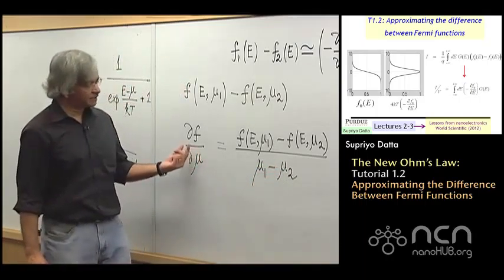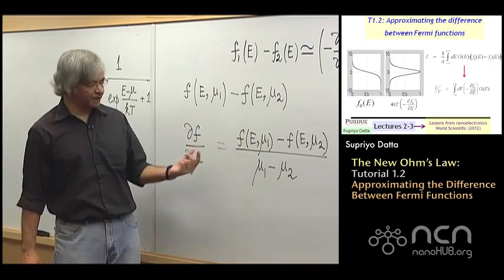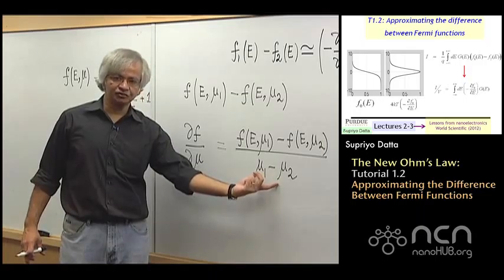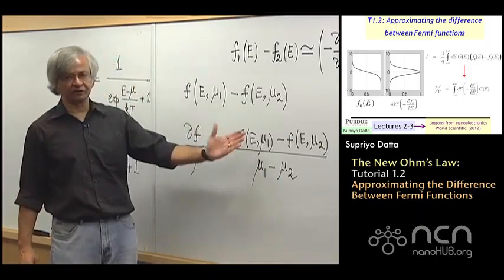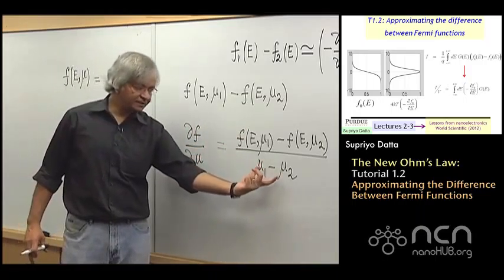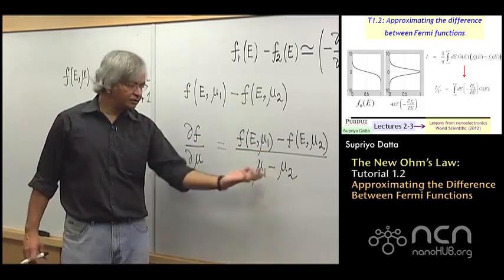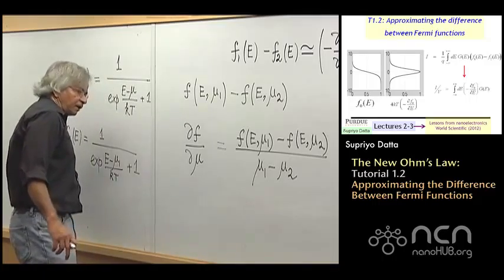And this is an approximation, but it becomes exact as this difference tends to 0. That's like the definition of derivatives. So as this difference tends to 0, this becomes exact. But for small values, it is an approximation that you can use.